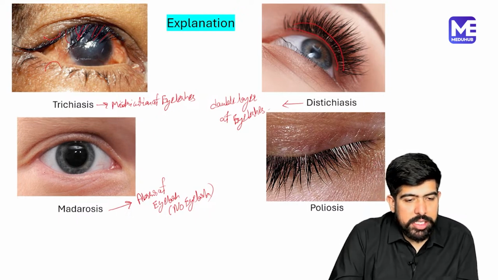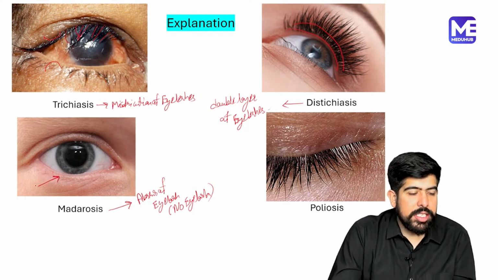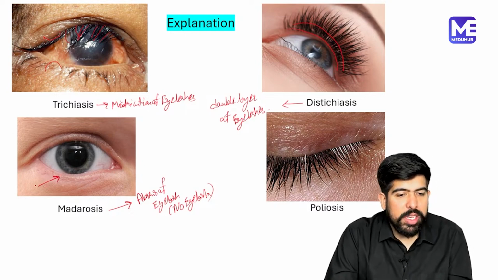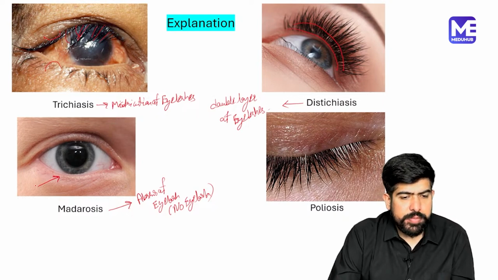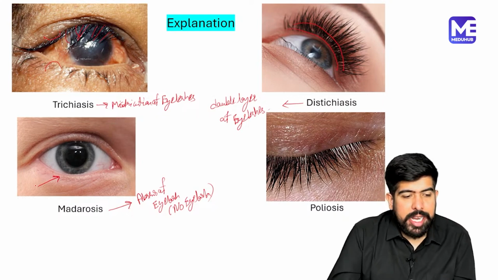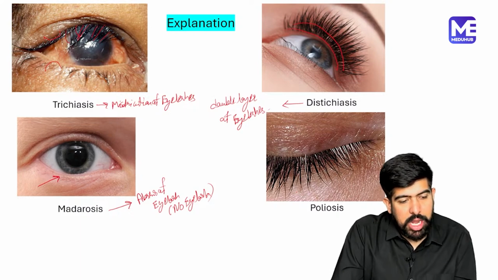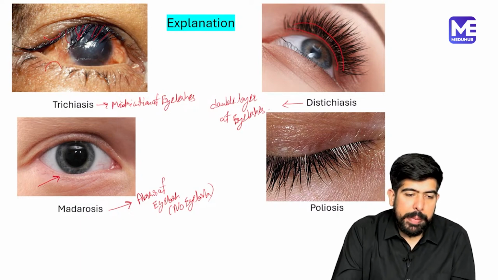Can you see here on the lower lid? There are no eyelashes. You can see there are no eyelashes on the lower eyelid in madarosis. Yes, absence of the eyelashes is in madarosis. Now the next one is poliosis.